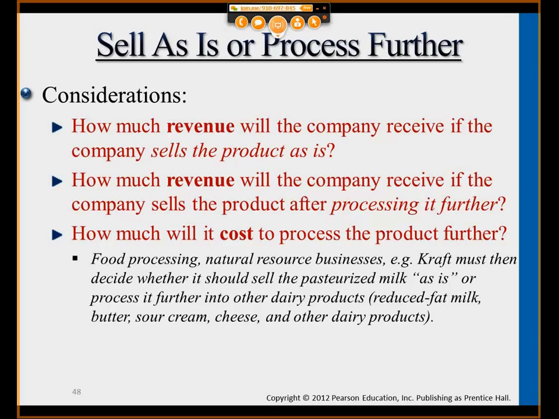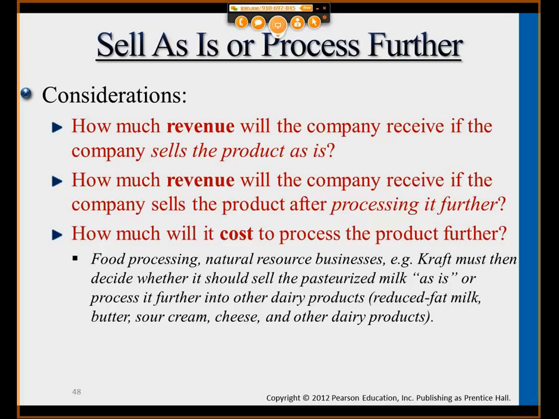So what are the examples? I'll give you a couple of examples here. Usually the companies that do that process some raw materials like milk, corn, livestock, and so on. So think of it this way.